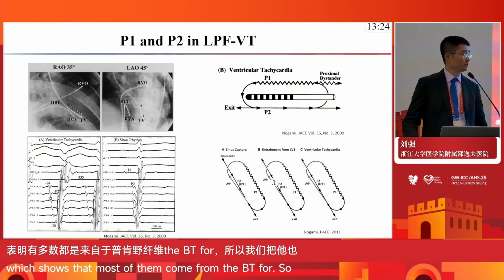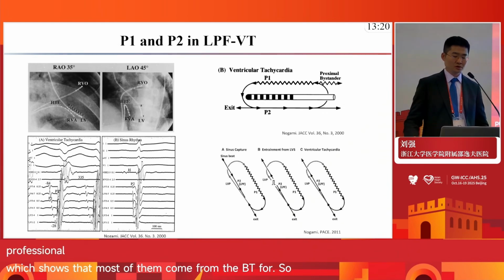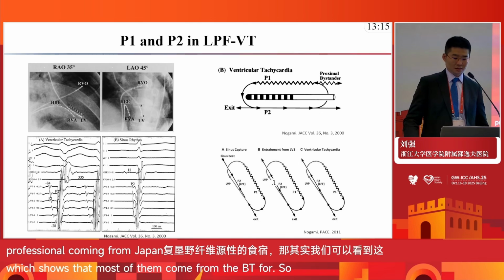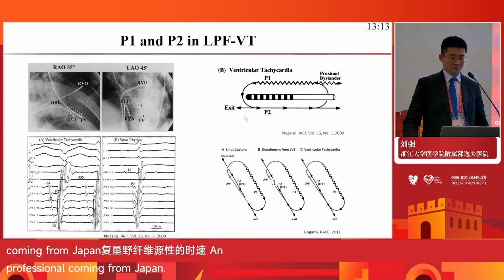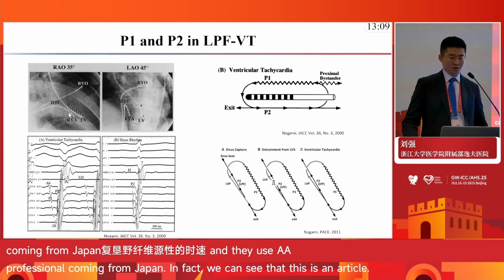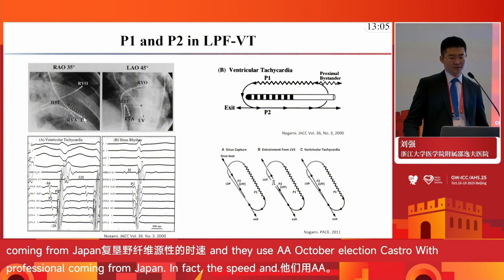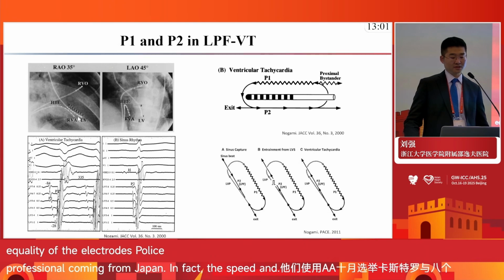We know that 25 years ago, Professor Nogami from Japan published a very important article in JACC. They used an octopolar electrode catheter with 8 equally spaced electrodes positioned under the left ventricular septum.